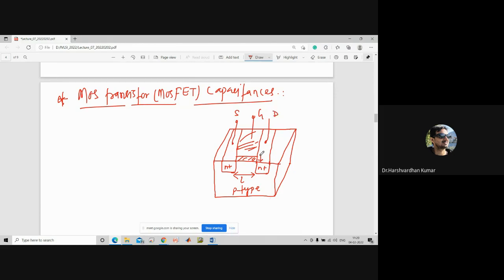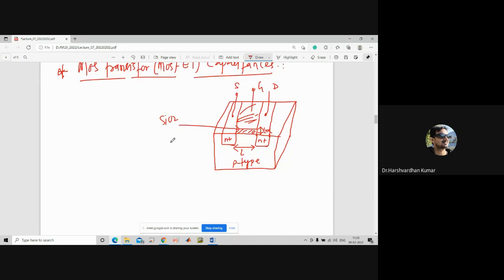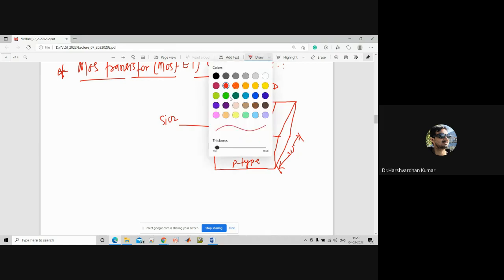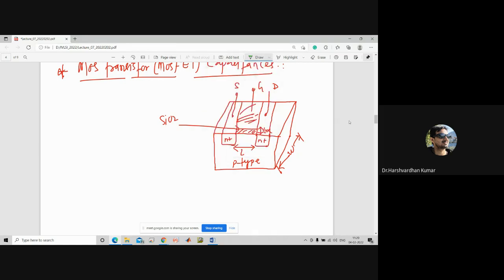This is the thickness of the oxide layer. This is the oxide layer, that is SiO2, and the thickness of the oxide layer is Tox. And this is known as the width. So we have to remember these terms. Let us draw the 2D diagram also. This is a 3D representation of the device. Now we will draw the 2D.